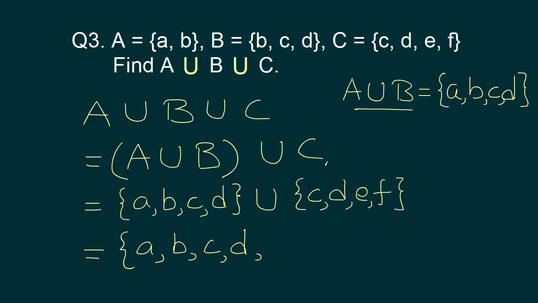But we notice that C is already covered, so we don't write C. Then we look at the next element. D is also covered, so we don't repeat these two elements. We start from E, so we write E and F. So the answer to this question, find A union B union C, will be this set. This is how we do union of 3 or more sets.